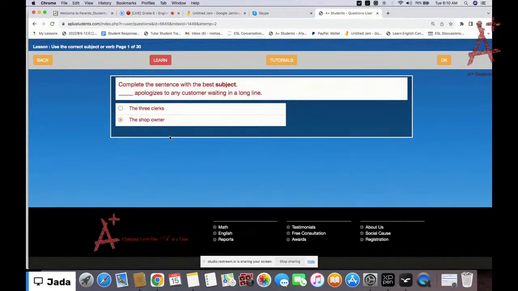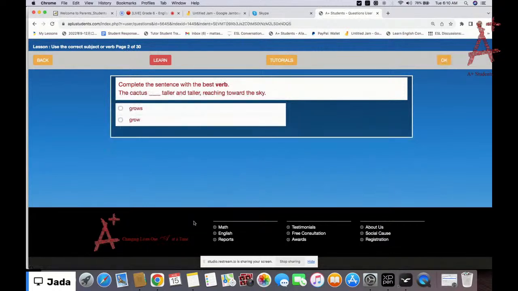So the right answer will be the shop owner. Because the shop owner is just one person, it suits the verb. So the shop owner apologizes to any customer waiting in a long line. All right, so we see that that's correct.